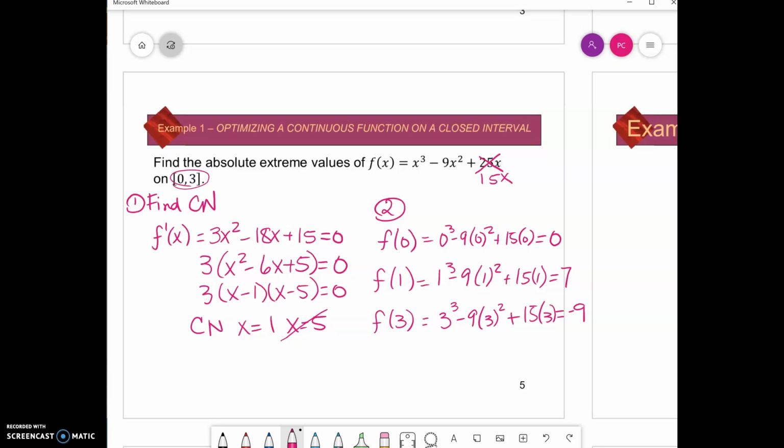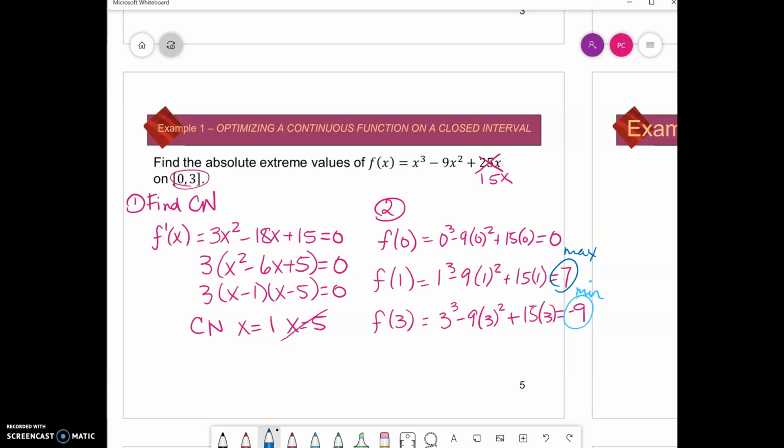But what we see is we have an absolute maximum and absolute minimum. Our smallest number is negative 9, so there's our minimum. And our largest number is 7, so there's our maximum. Okay?